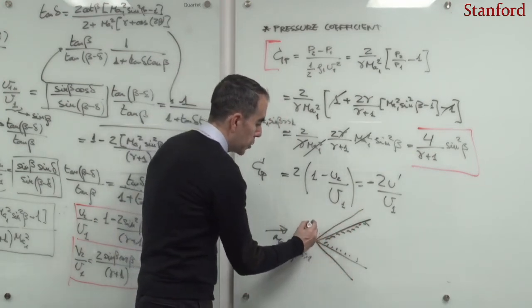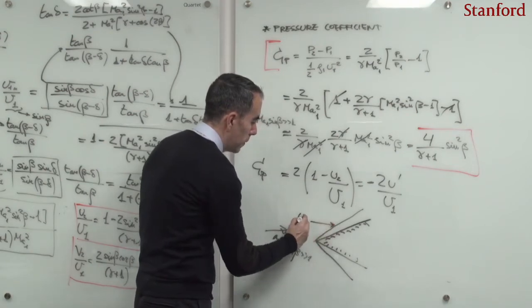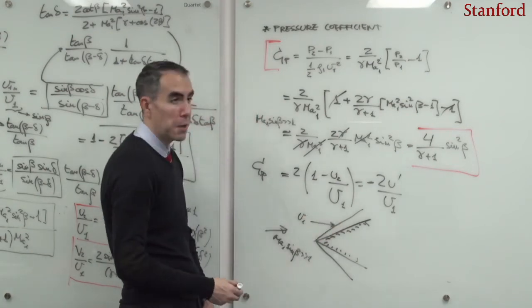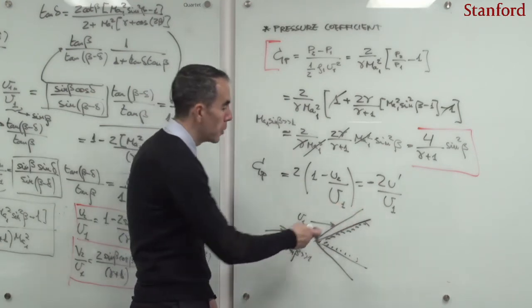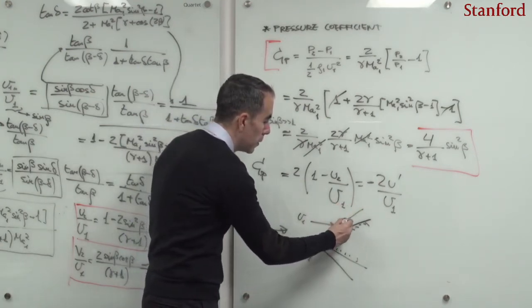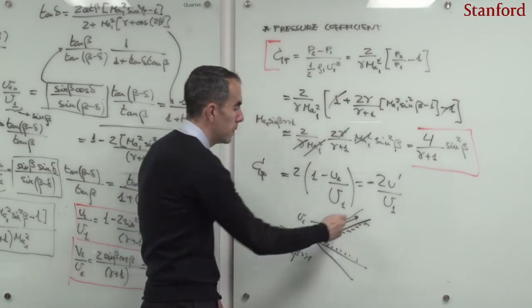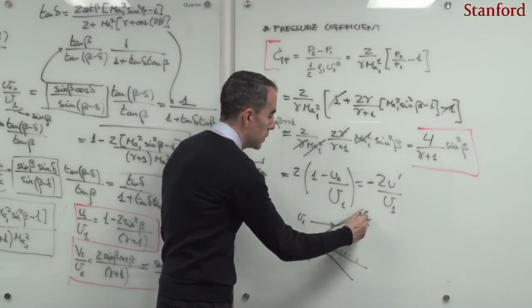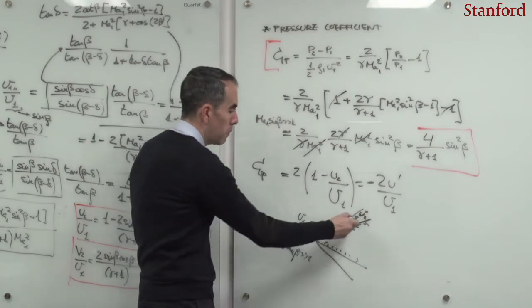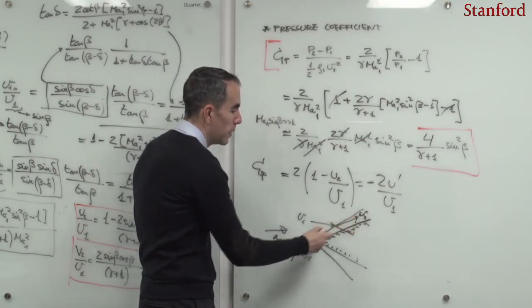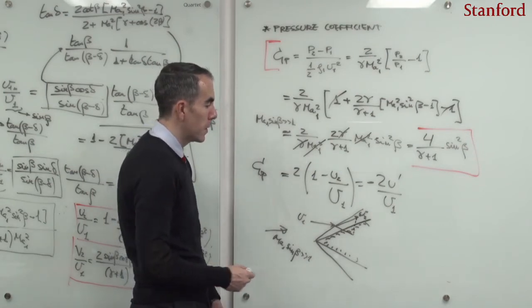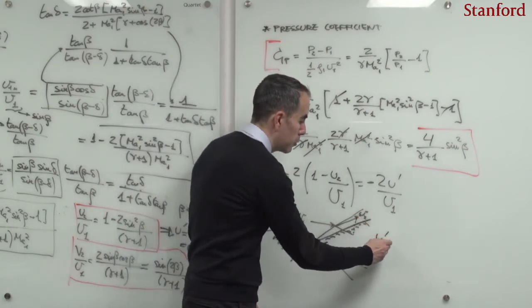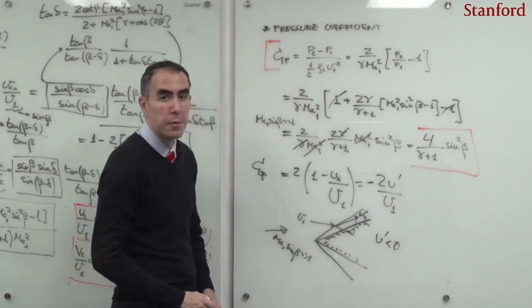Then I'm going to have a pre-shock velocity U1. And then downstream of the shock, something is going to happen such that the horizontal component of the post-shock velocity is U2. The horizontal component of this velocity is going to be smaller than the pre-shock velocity. And as a result, the U prime is going to be smaller than 0.